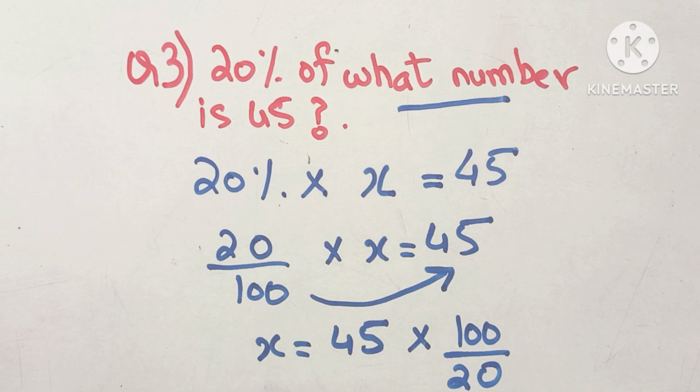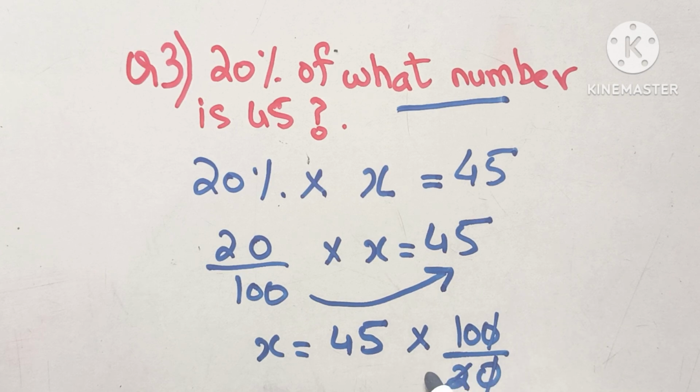Now we can easily solve this. Cut this 0 with this 0, 2 ones are 2, 2 fives are 10. 45 multiplied by 5 is 225.